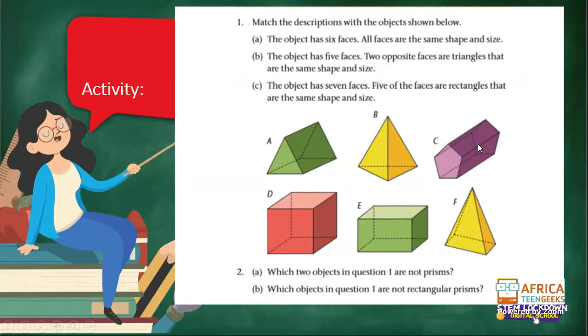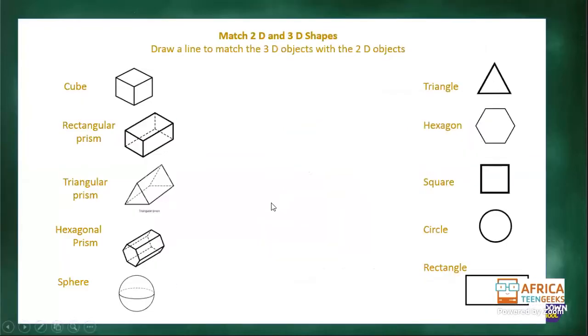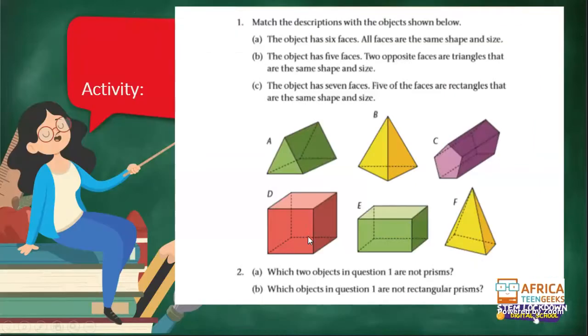The answer for 1C is C because here we have a pentagonal prism. Why are we saying it's a pentagonal prism? Because the two ends, this end here and that one there, have got 2D shapes that are pentagons.